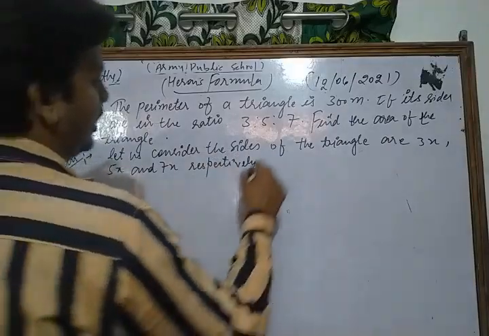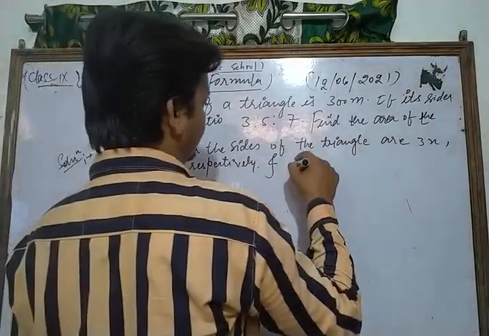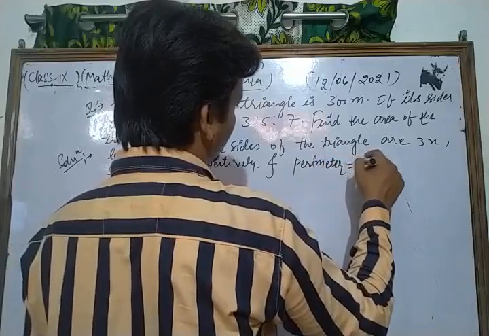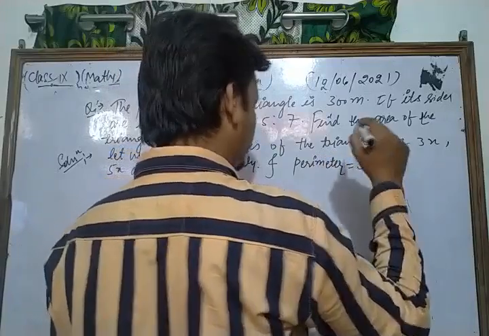And the perimeter is given as 300 meter.